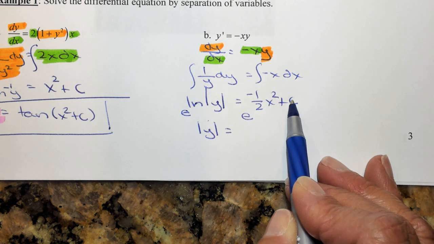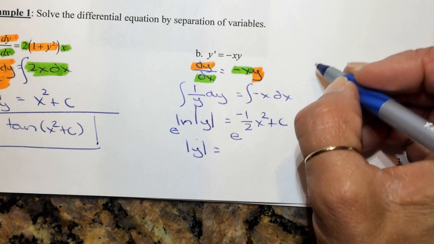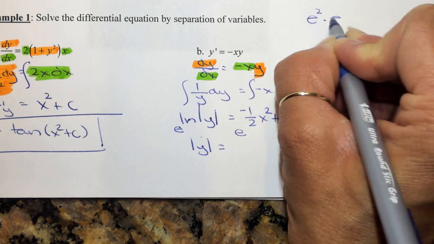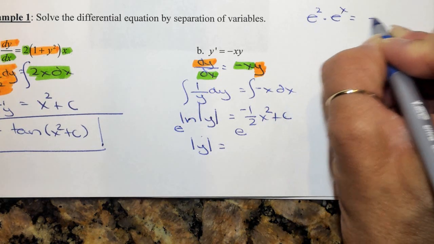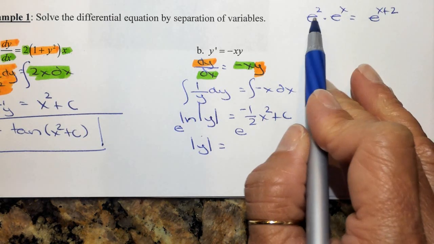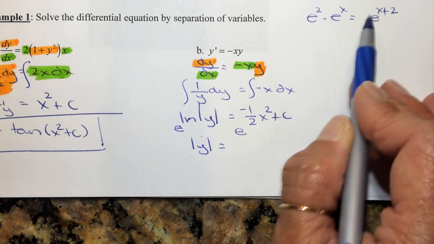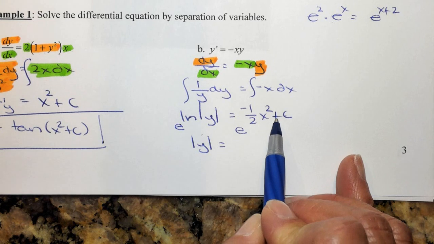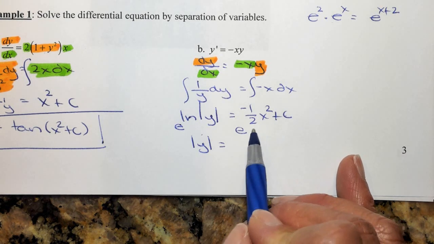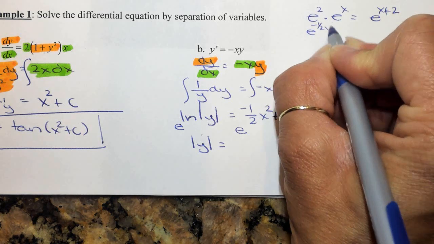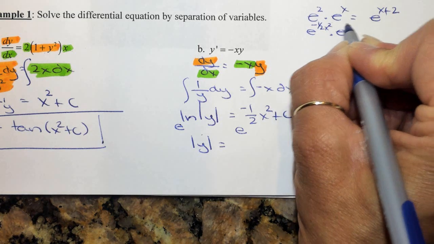And what you need to remember is an old rule that when your base is the same, meaning if you had e squared times e to the x, this would be the same thing as e to the x plus 2. Okay, remember when your base is the same and you're multiplying, you add your exponents. So it goes either way. So because this is plus, what this really means is e to the negative 1/2 x squared times e to the c.